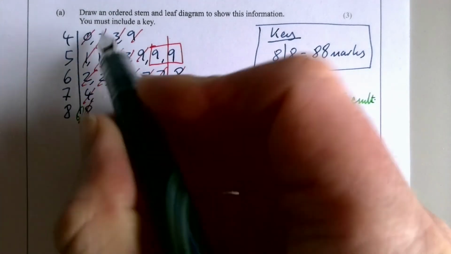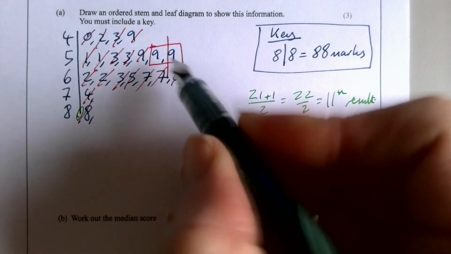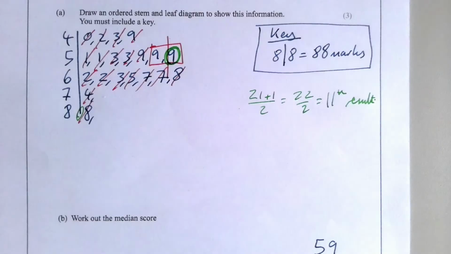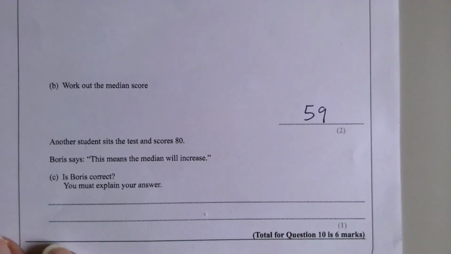So if I go through here and knock them all off, instead of having it between two, it would have just moved up to be exactly on that one. Now that is still one of the two 59s that we had before. So the median has not increased.